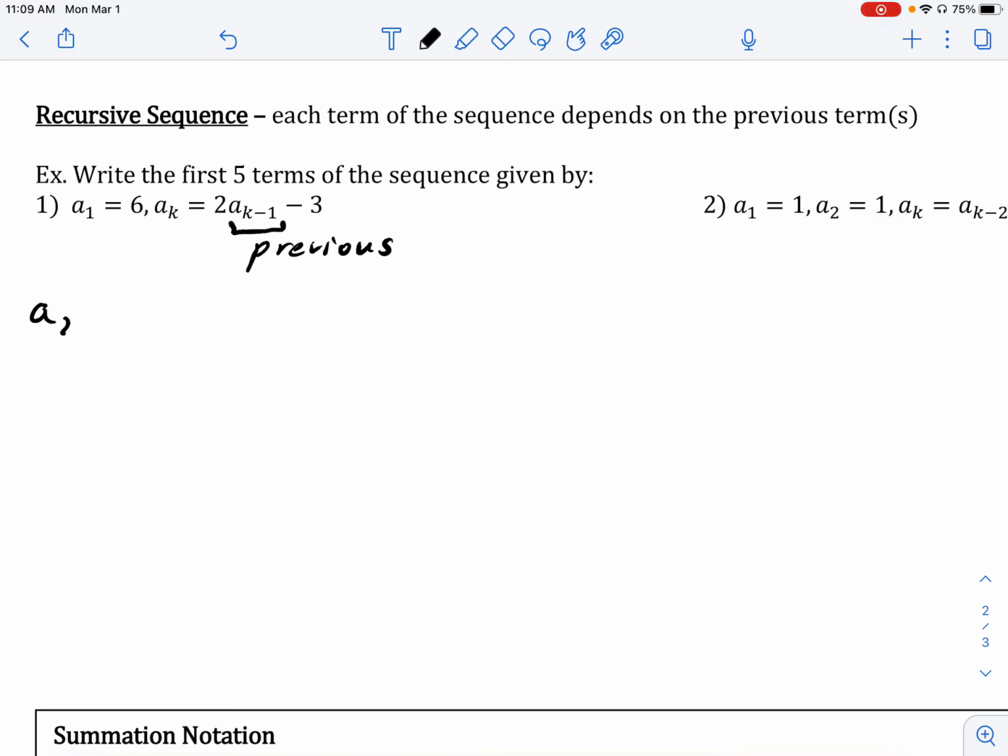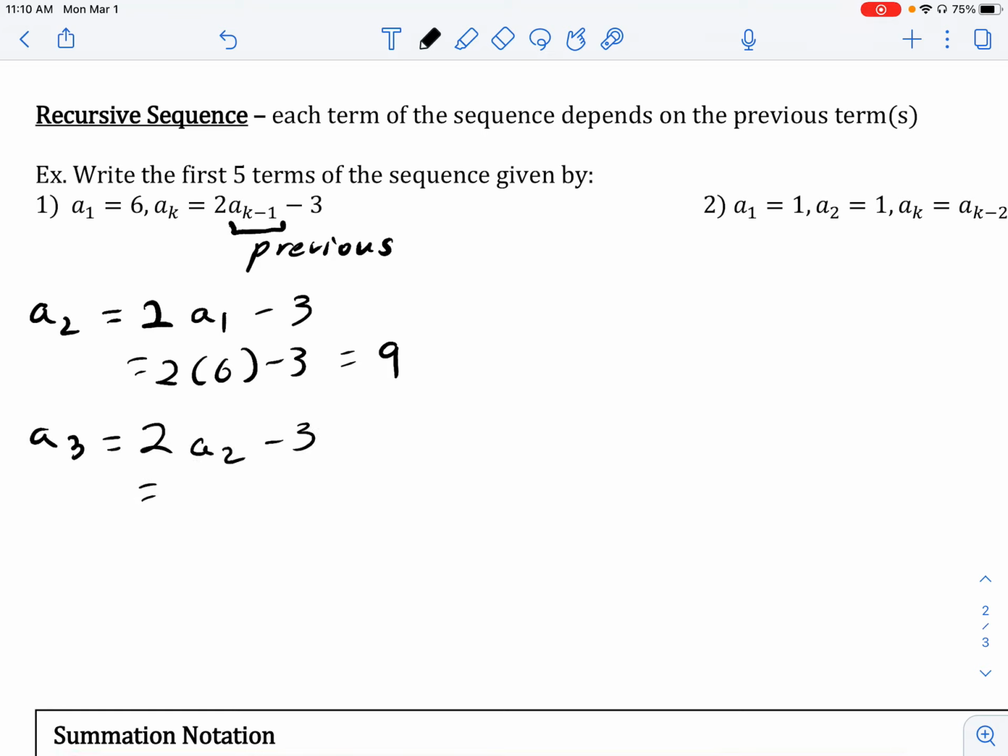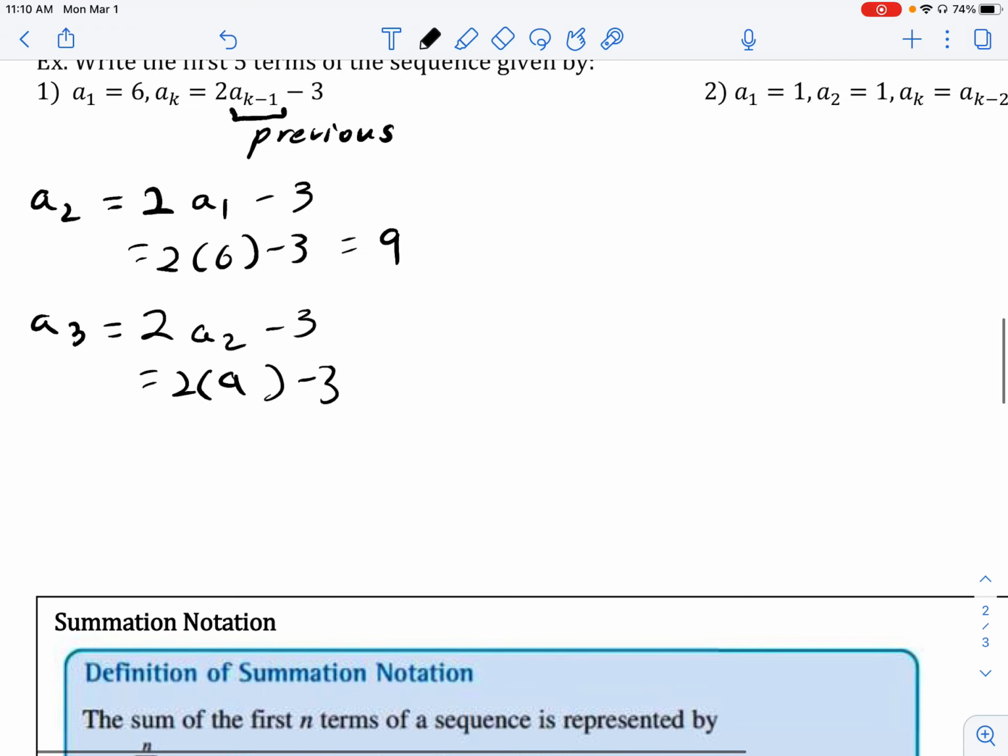So a sub 2, for example, would be 2 times a sub 1, our previous term, minus 3, which is 2 times 6 minus 3, and that's equal to 9. Well, what's a sub 3? It's 2 times a sub 2 minus 3. It's 2 times 9 minus 3. And let's just keep on going. A sub 4, I never finished simplifying that.